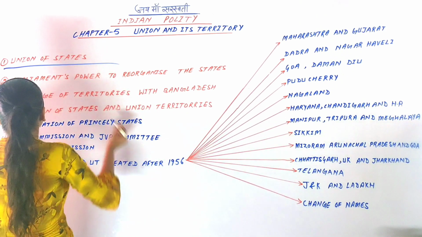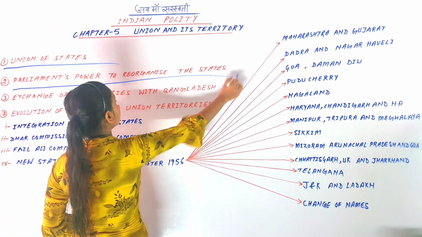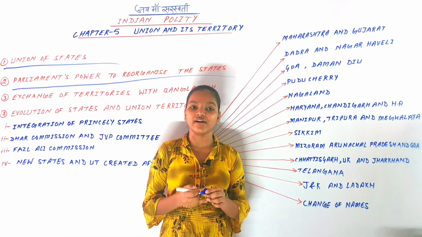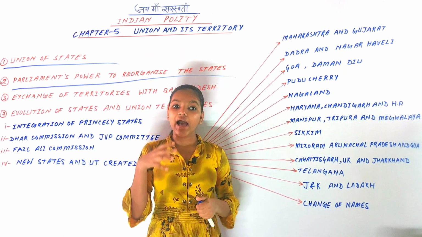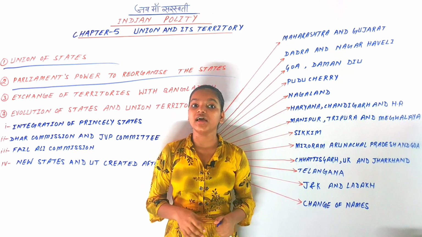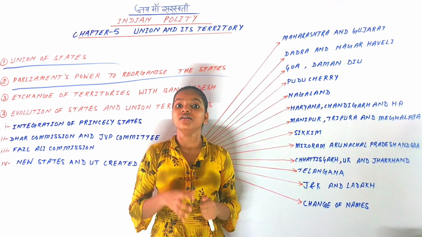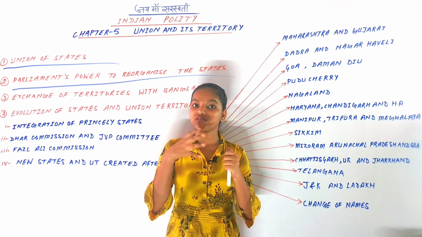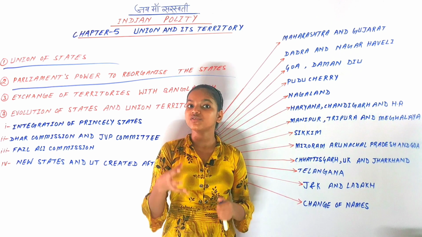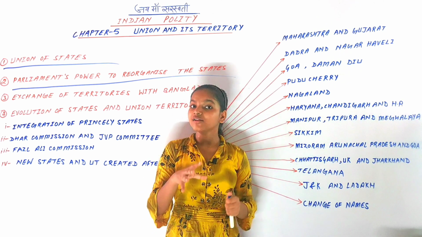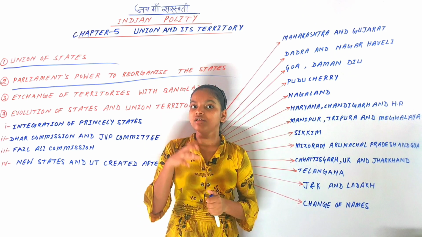Our next topic is Parliament's power to reorganize the states. Article 3 authorizes the Parliament of India to do these five things. First, it can form a new state by separating a part of a state from a territory, or by uniting two states or parts of states, or by uniting any territory to a part of a state.